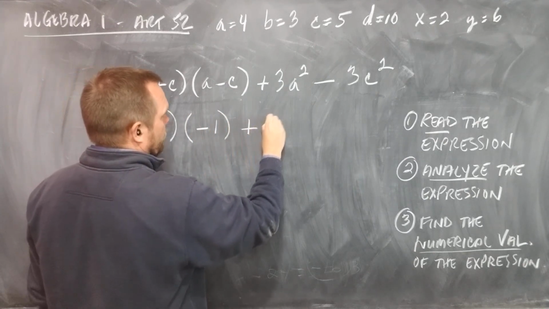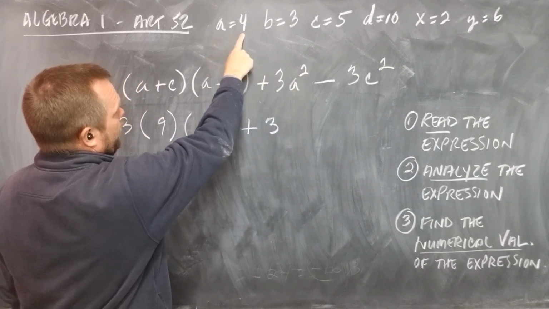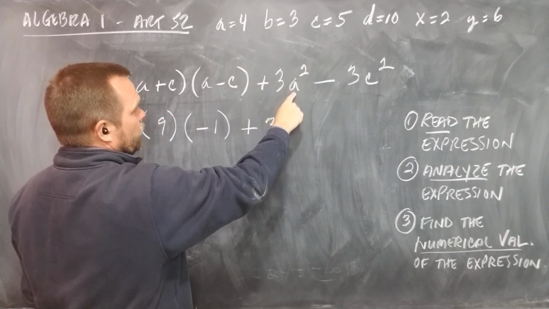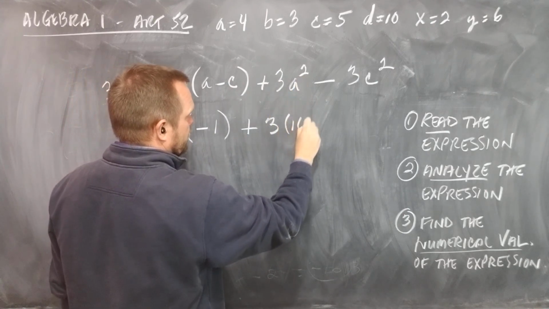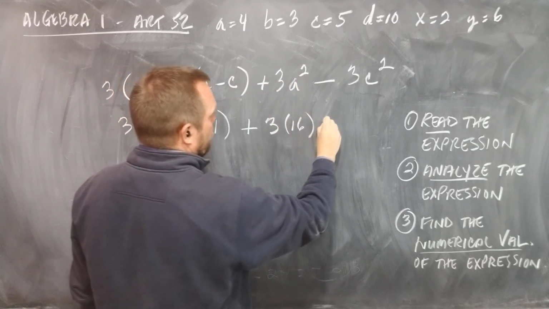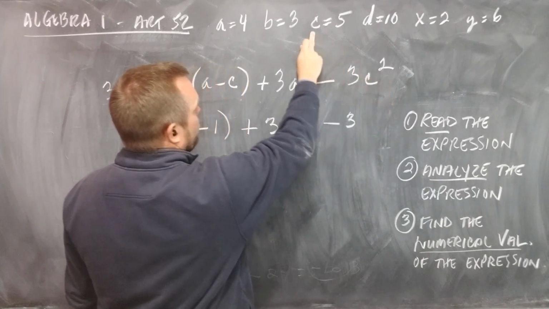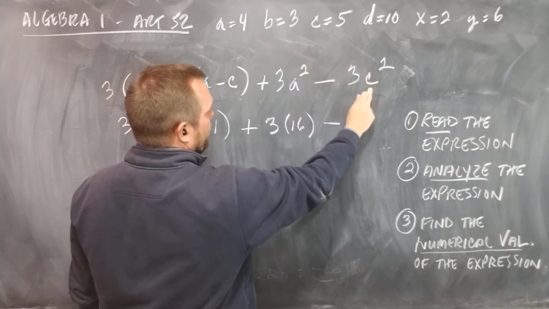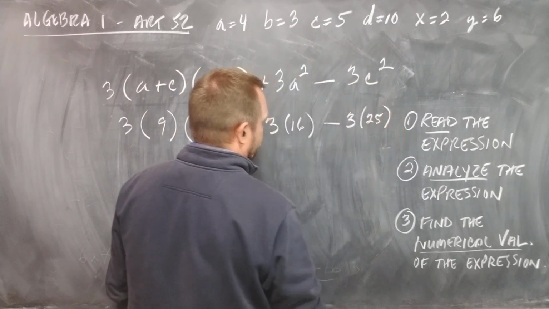Plus 3 times a squared. A is 4. 4 squared is 16. So we have 3 times 16. Minus 3 times c squared. C is 5. 5 squared makes 25. Okay?